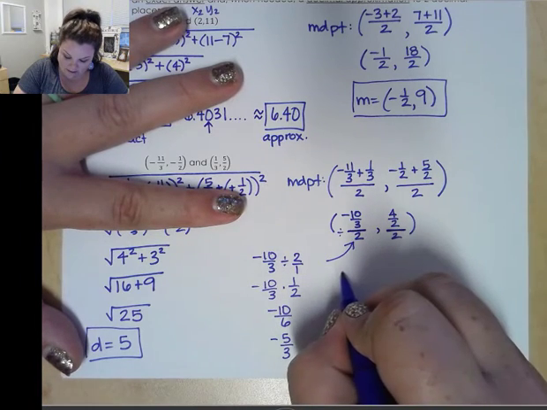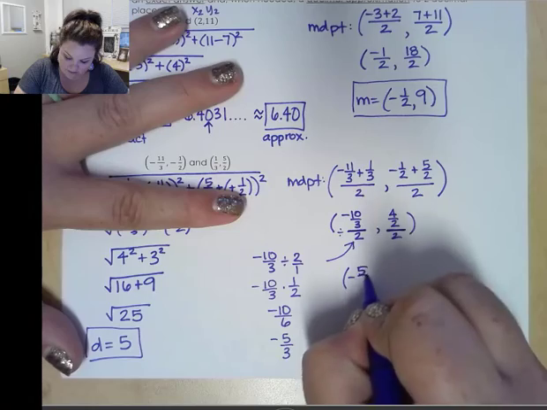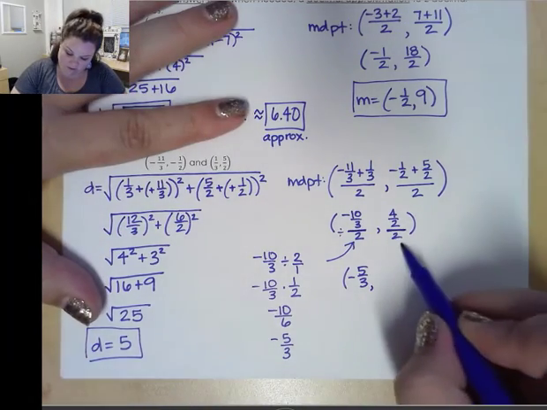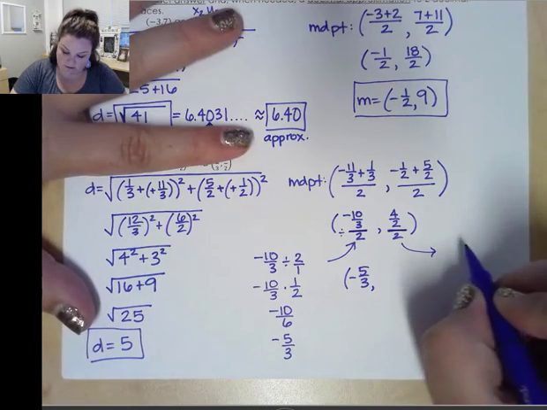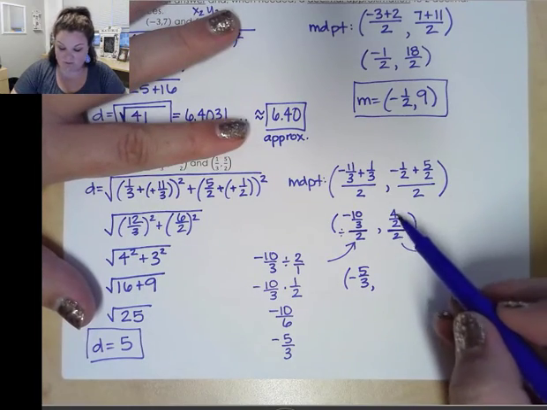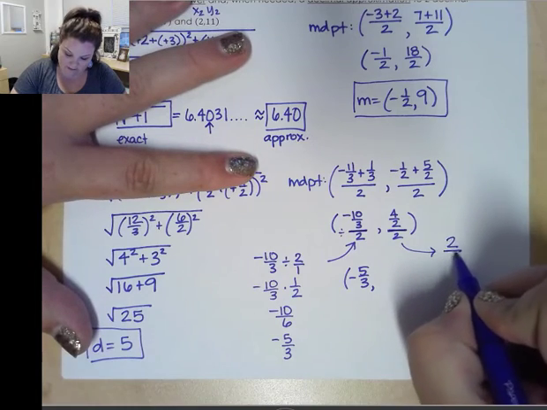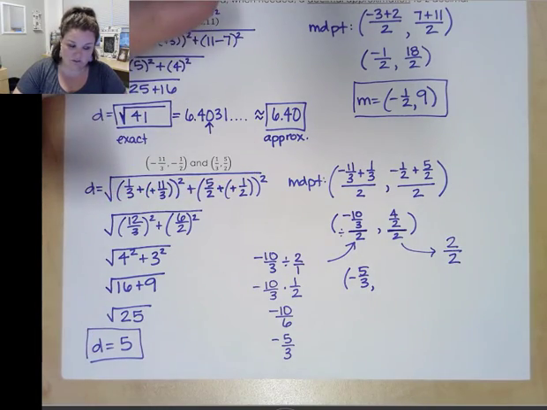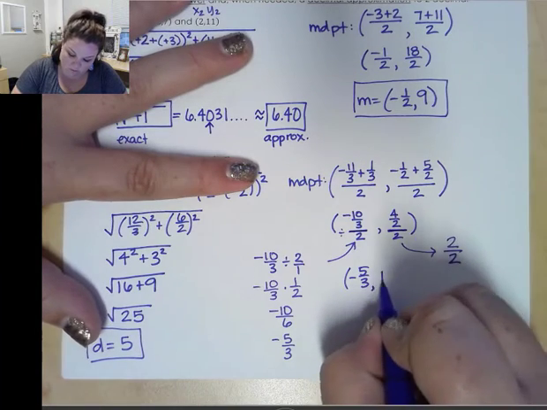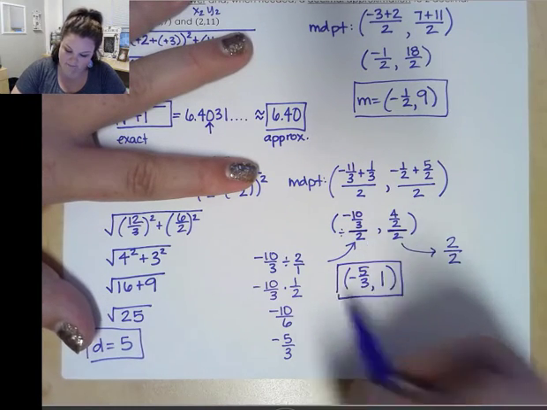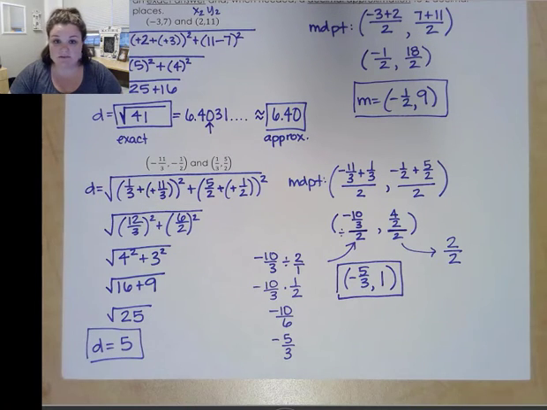So this side becomes negative 5/3 for my middle x value. For the y, I don't even have to do the same thing, because 4 over 2 is just 2, and when I divide that by 2, that leaves me with just 1. So my midpoint is negative 5/3, comma 1.